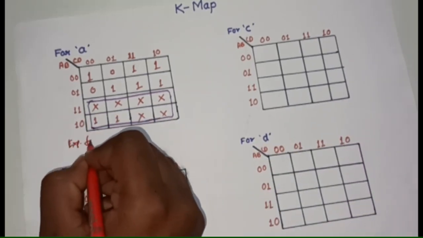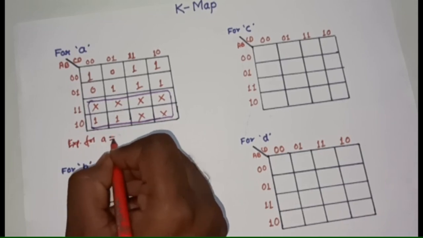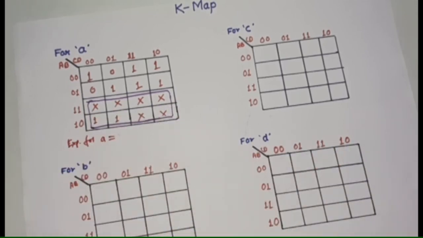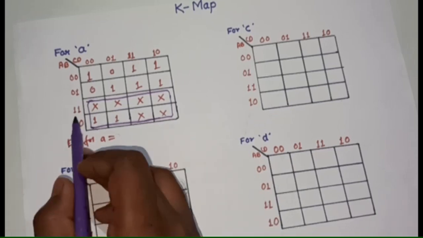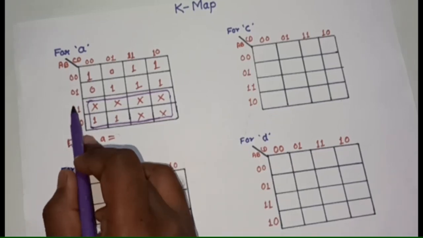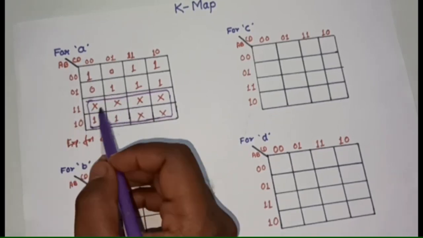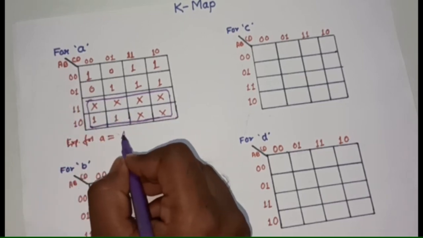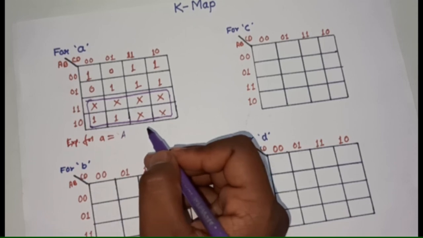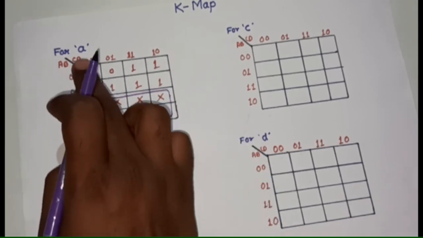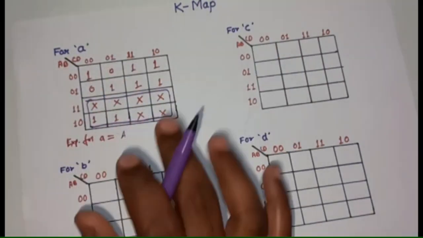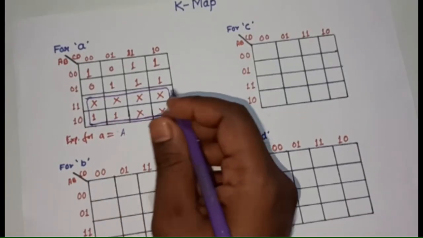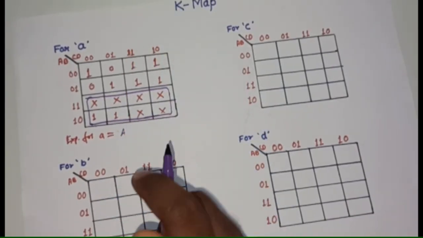For the first octet, is A changing? No, but B is changing, so we will consider this as E. B is changing, so we will not consider it. C and D are all changing, so no need of that. Obviously the octet will give you a single variable.